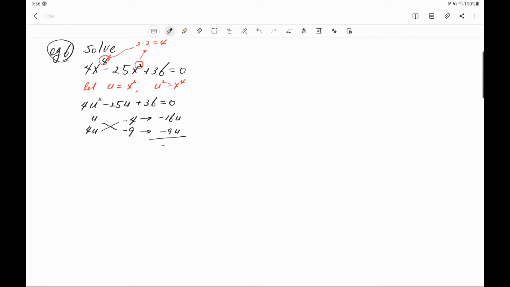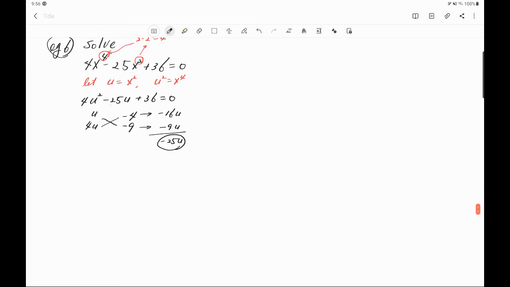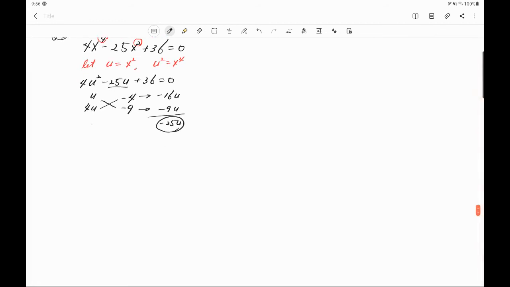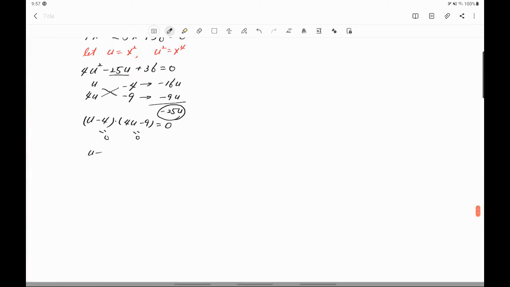Then the sum is negative 25u, which is the same as the middle term. So we can write it as the product of u minus 4 and 4u minus 9 equals 0. So set each binomial factor equal to 0. So u equals 4, and from the second factor, u equals 9 over 4.